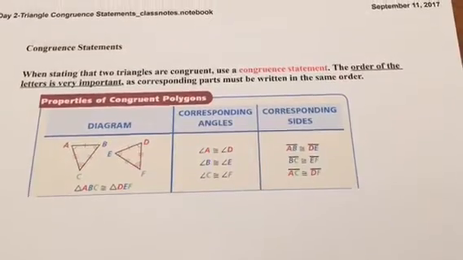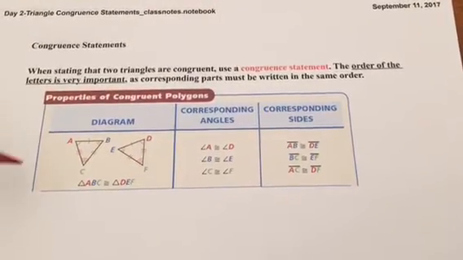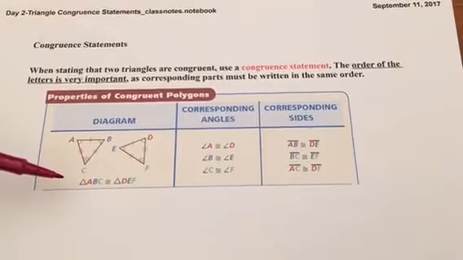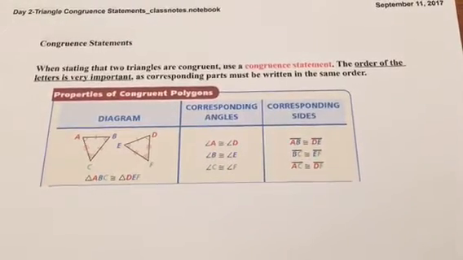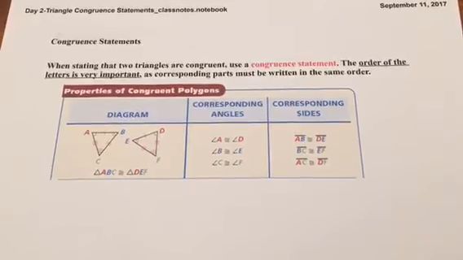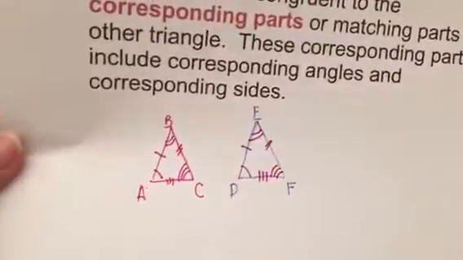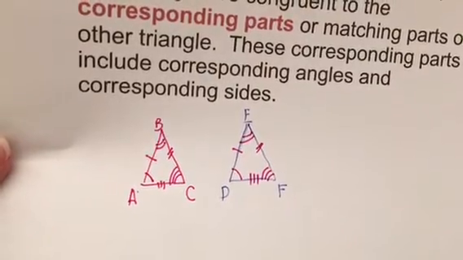Okay, so when you're told that 2 triangles are congruent, you have to be really careful to line up the angles and the sides correctly. So on the other page, we were talking about triangle ABC is congruent to triangle DEF, and I had the shapes lined up exactly the same, so it was pretty obvious.